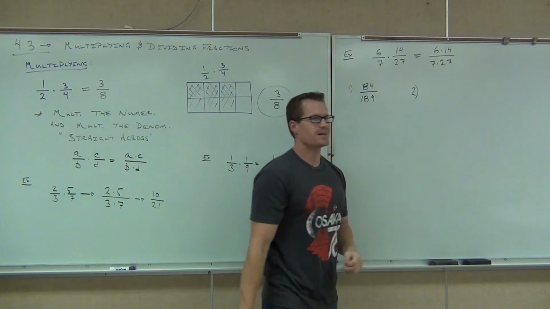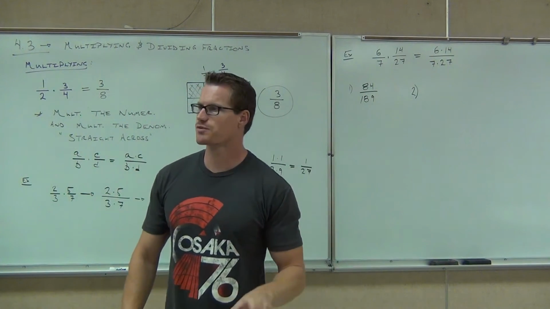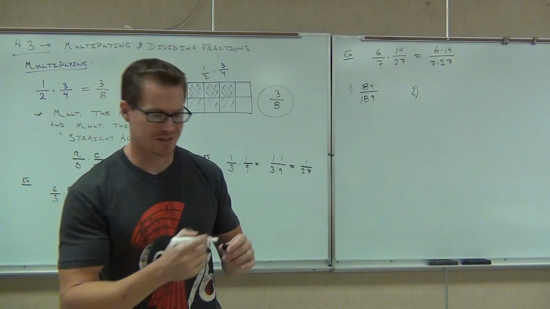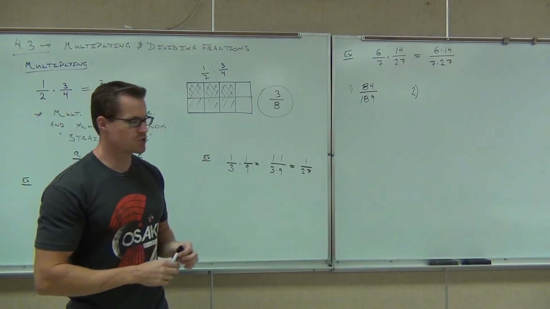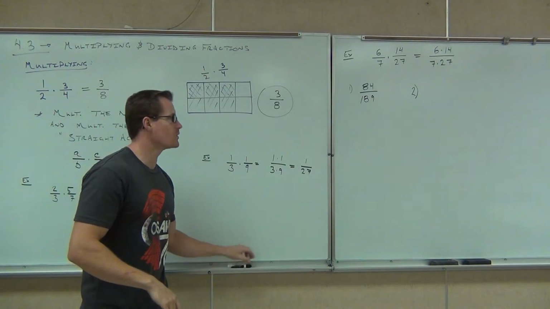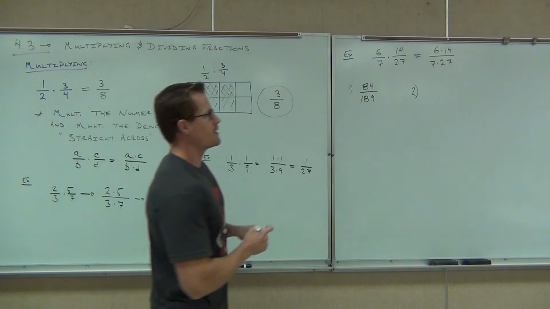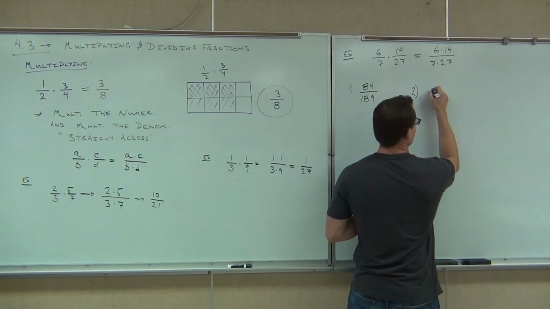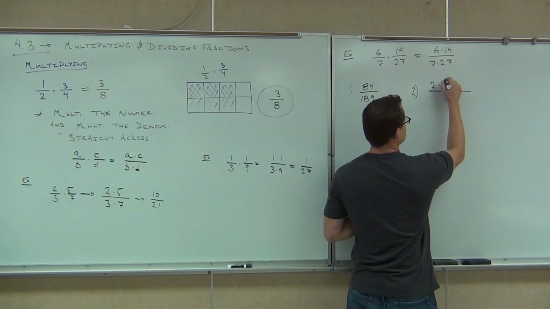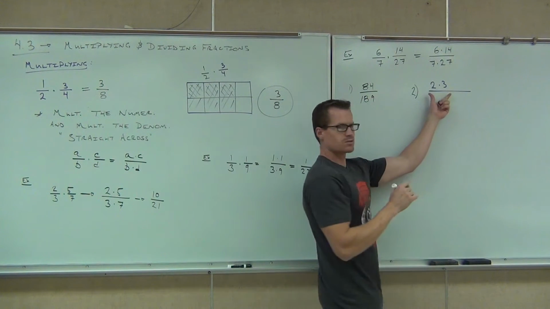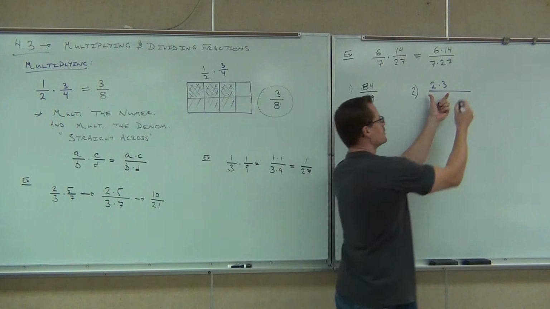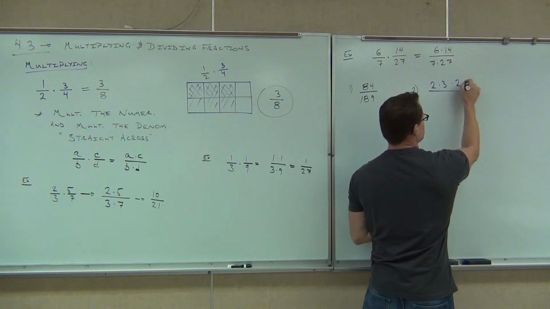Option 2 is, instead of actually multiplying the 6 times 14 and the 7 times the 27, you can break this up as you're going. So instead of 6, I'll think of that as a prime factorization of 2 times 3. Is that still 6? Yeah. Times, instead of 14, I'll think of 2 times 7.